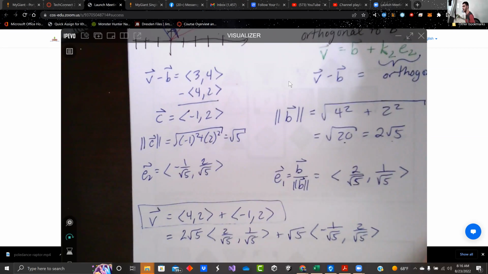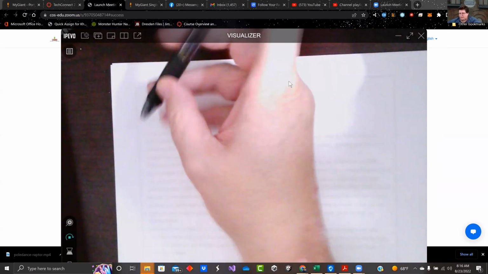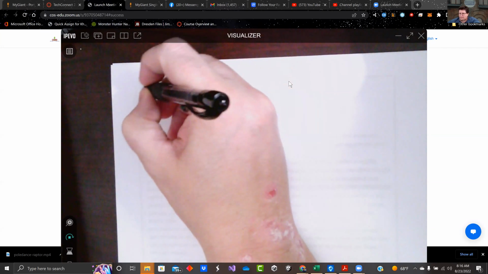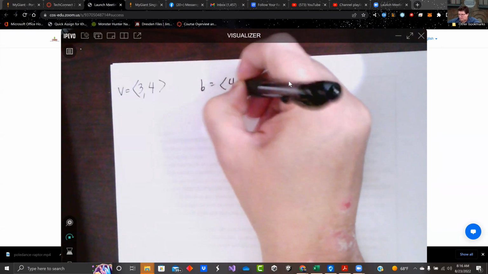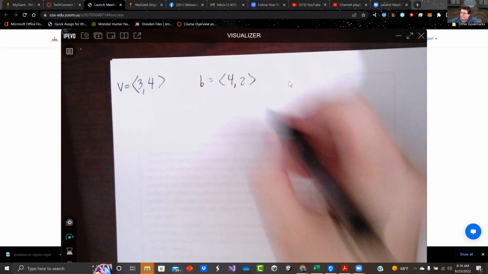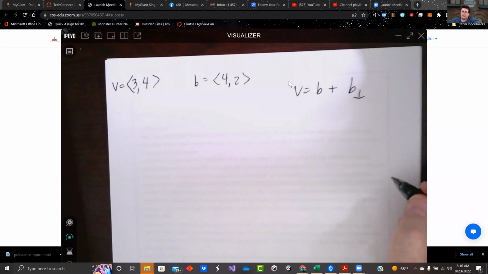You can achieve the same thing but minus the projection. He's asking, can you achieve the same thing with V minus the projection of V on B? Should. Let's take a look at it. So we know V equals B plus B orthogonal.